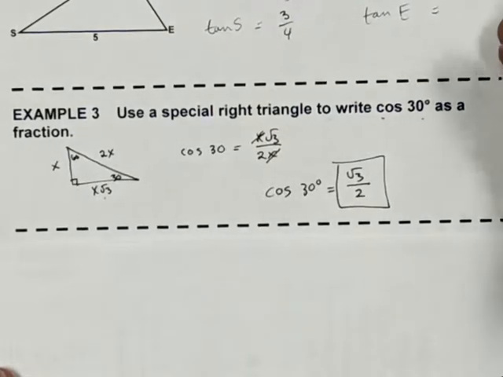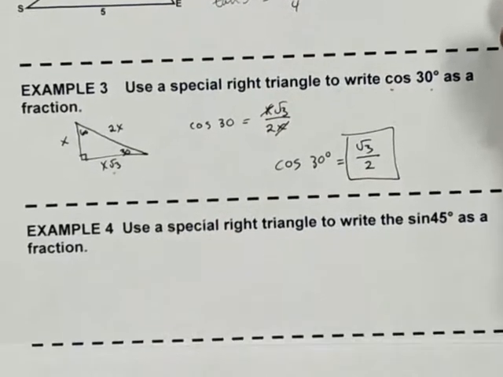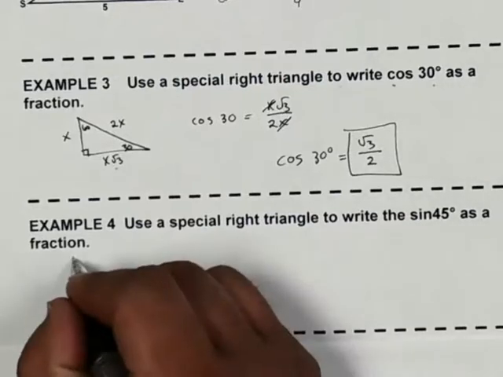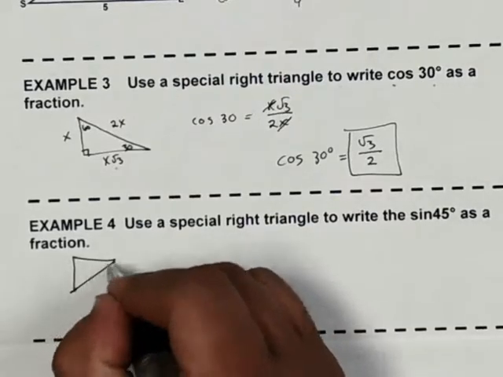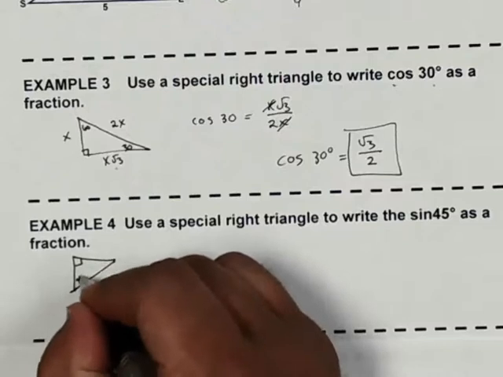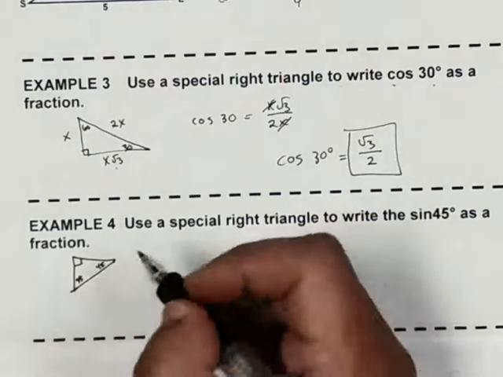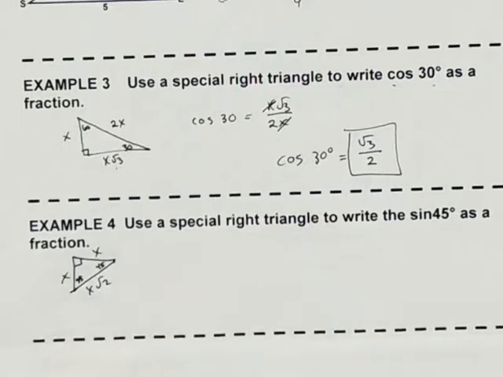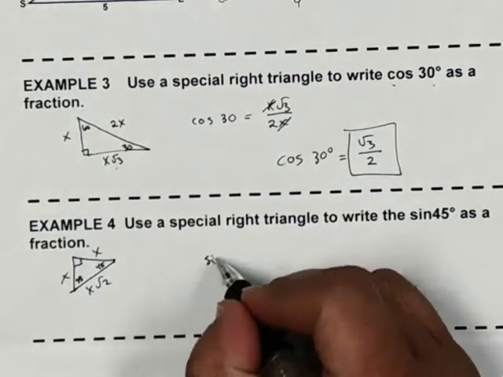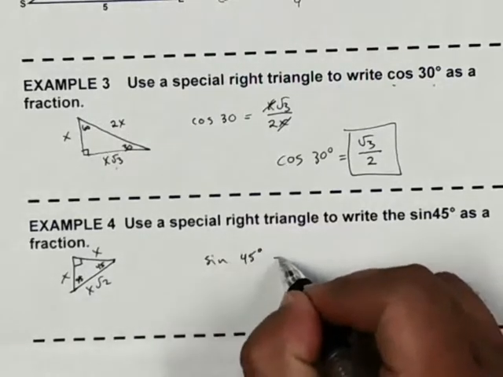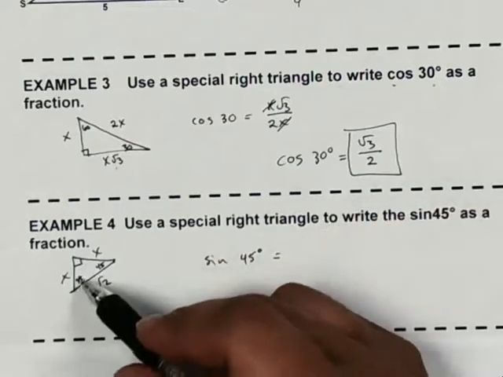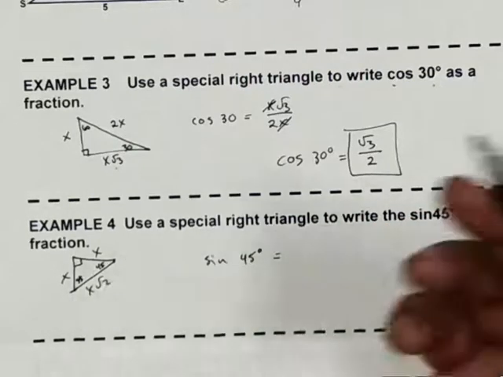We'll try that again with the other special right triangle, which was a 45-45-90. That looks more like this. On this one it was going to be x, x, and x square root of 2. We want the sine of 45 degrees, which is going to be opposite over hypotenuse. If I'm at this 45, it doesn't matter which one I use because they're both the same.